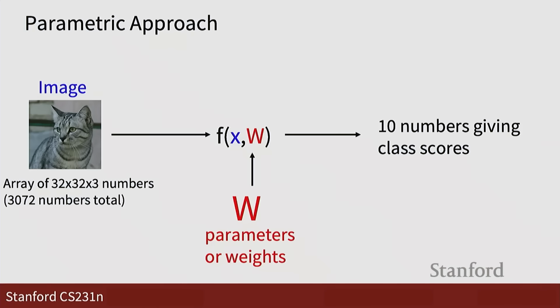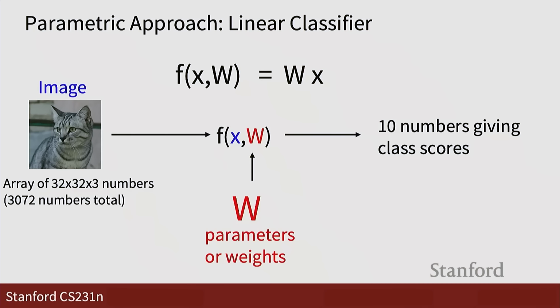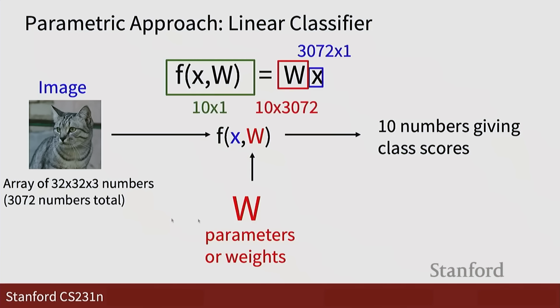So with this setup, a linear classifier uses W, these parameters, to map each of the inputs X into a value, which is the output Y. How this is done is very simple. This image is basically an array of, say, 32 by 32 by 3.